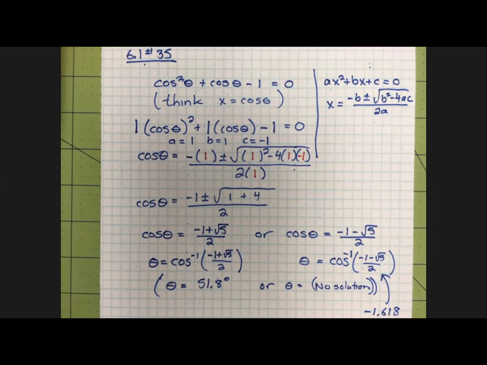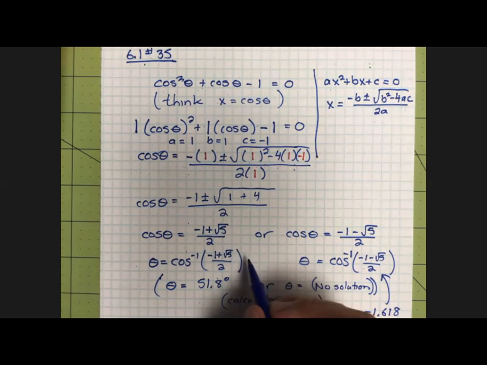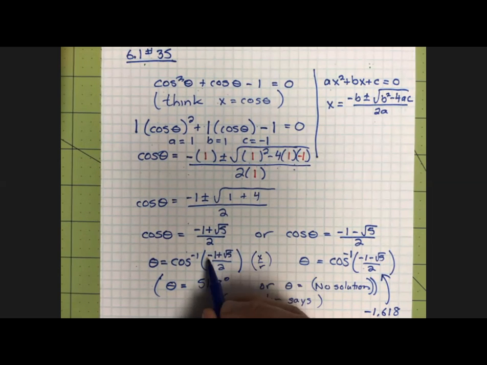Now remember, I'm not done because the calculator only gave me one answer. So this is what the calculator says. I have to draw this and see what all the answers are between 0 and 2 pi. So let's imagine an x over r of minus 1 plus root 5.